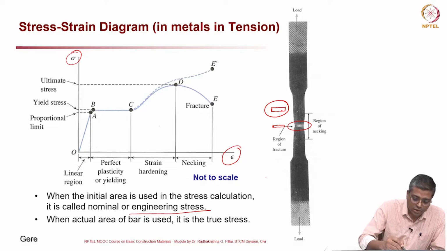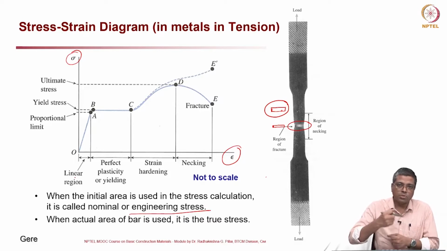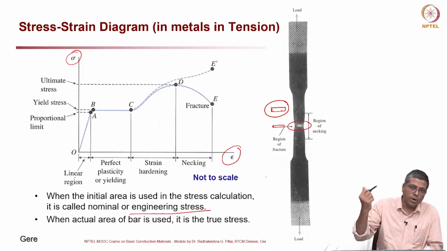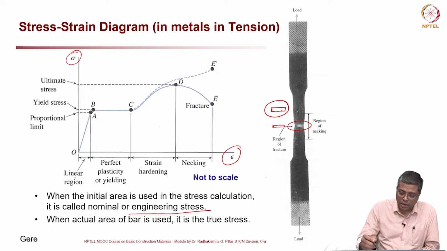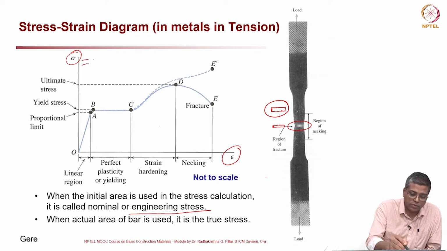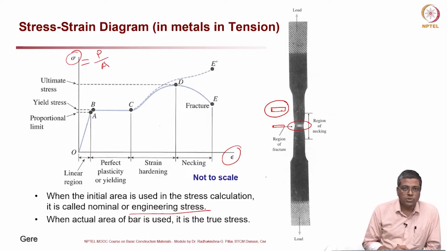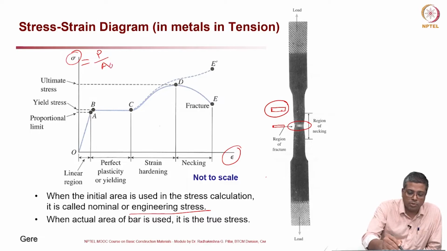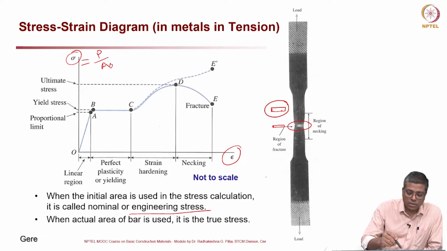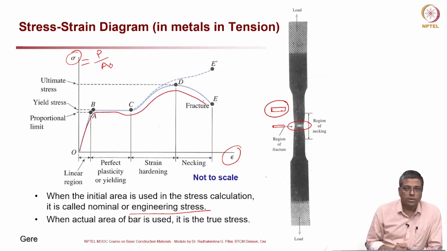So, how do we get it? You put the specimen in the testing machine, you pull it, and keep on applying load, and then you calculate the stress corresponding to that load, which is nothing but the force divided by the original area, which I am going to call A0. We do not change that. This blue curve follows that.